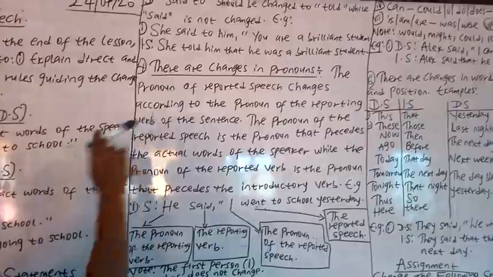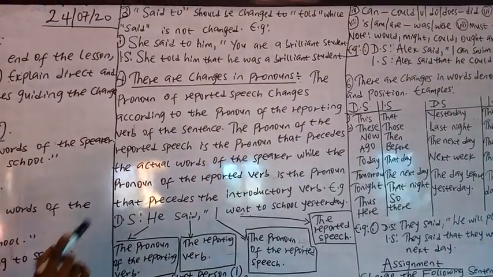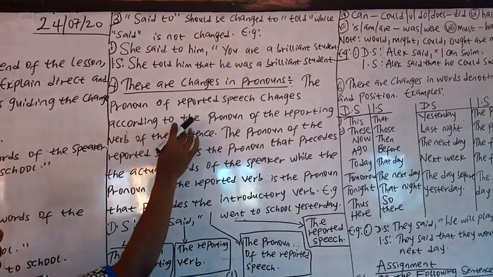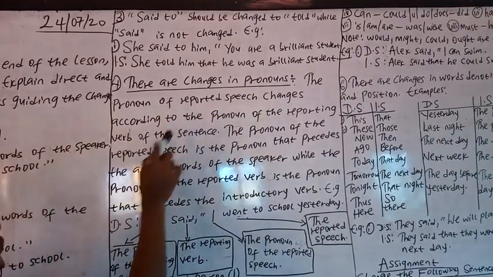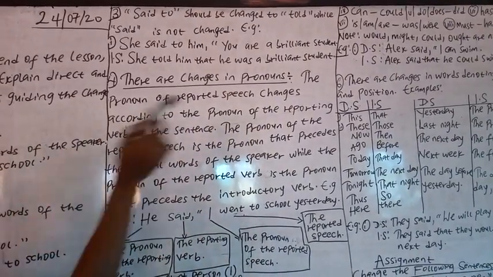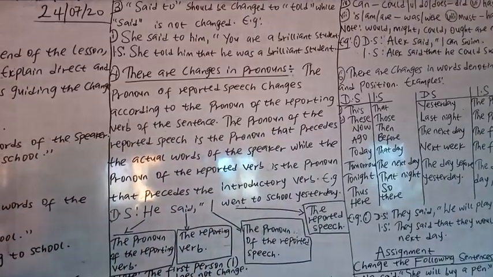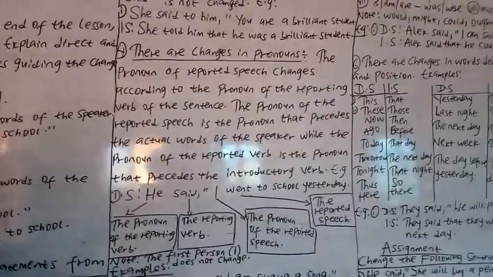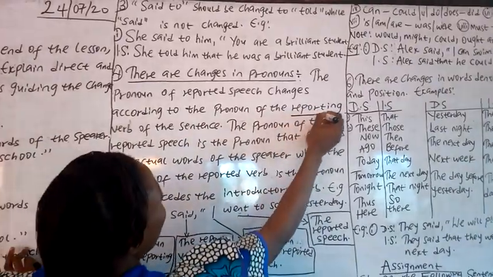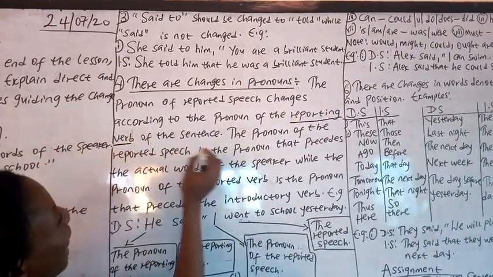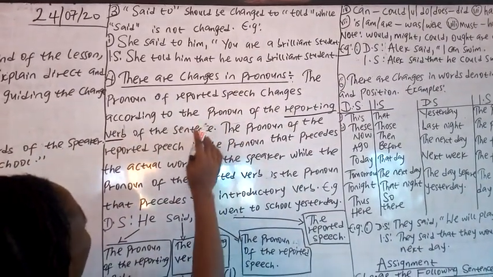Then number four, there are changes in pronouns. Please pay attention to understand this rule. The pronoun of reported speech changes according to the pronoun of the reporting verb of the sentence. So you see here, what we're talking about is reporting verb and reported speech.